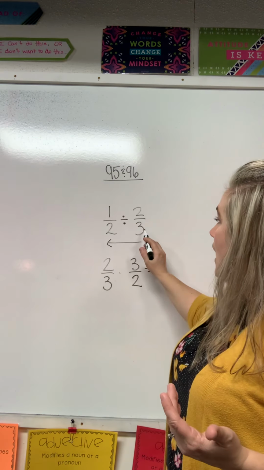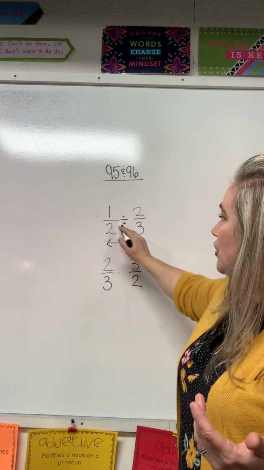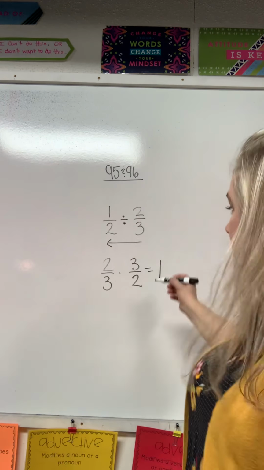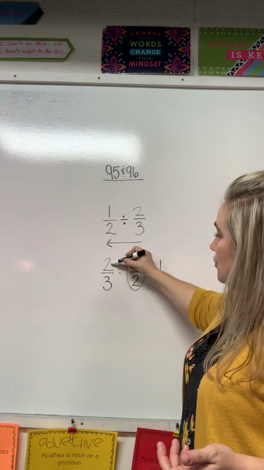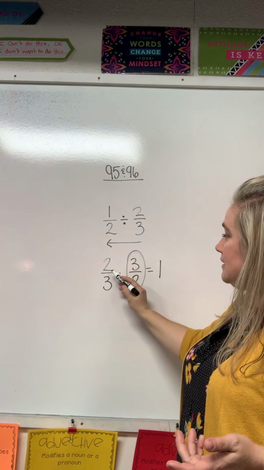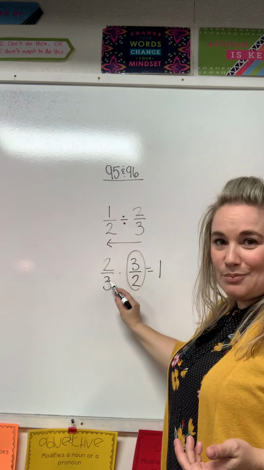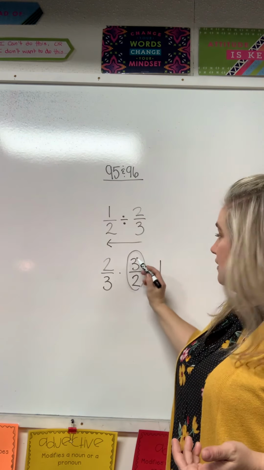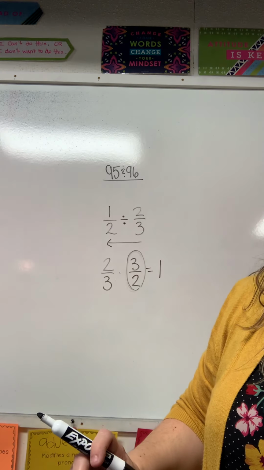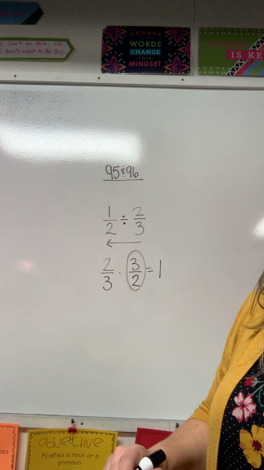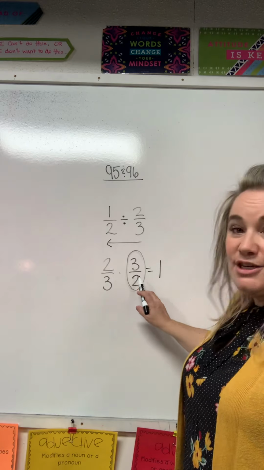So let's ask ourselves, how many 2/3 are in one whole? Well, I know that there would be 3/2 2/3 in one whole, because the reciprocal of 2/3 is 3/2, and that equals 1. So that's my first step. How many 2/3 are in one? The answer is 3/2. I just made my reciprocal.